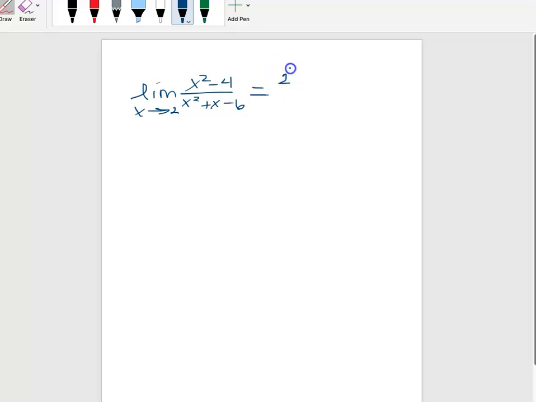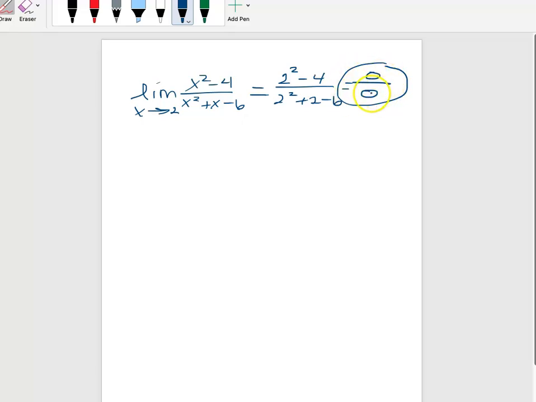If I do 2 squared minus 4, and then I'd have 2 squared plus 2 minus 6, it looks like I get 4 minus 4, which is 0. And then I have 4 plus 2, which is 6. 6 minus 6 is 0. Oops. There's a problem. The 0 on top was okay, but not down here in the bottom. That's undefined. This is actually an indeterminate form.